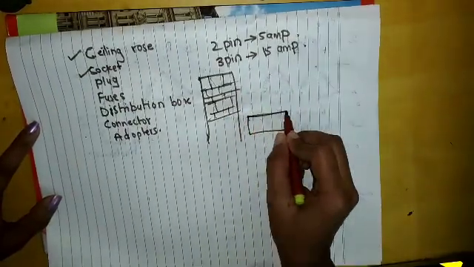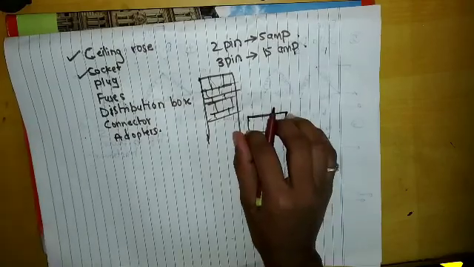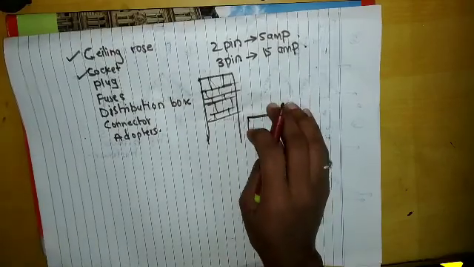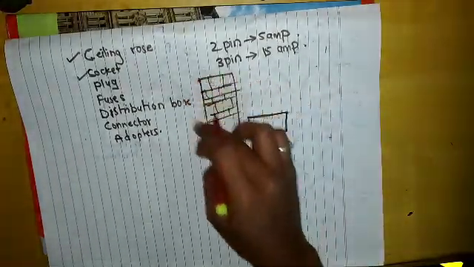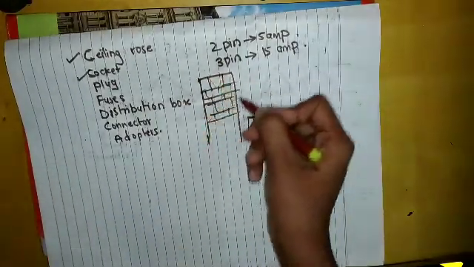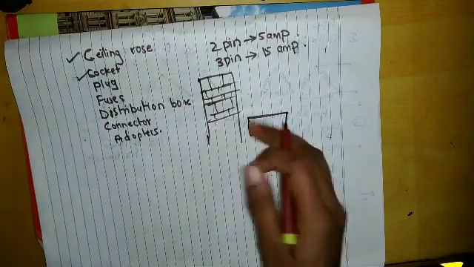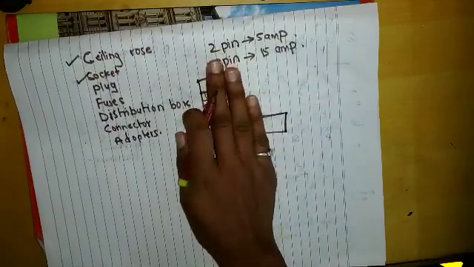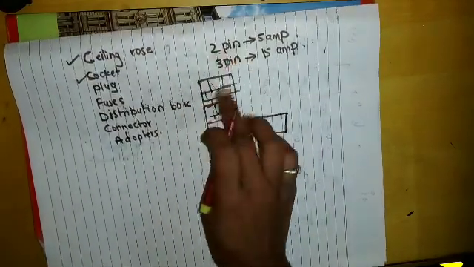This box is nothing but the distribution box. In industries or in big buildings, a number of circuits are to be wired. That means supply is to be provided to all the houses present in this building.